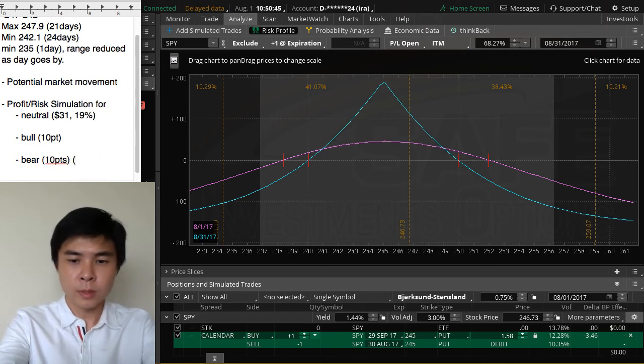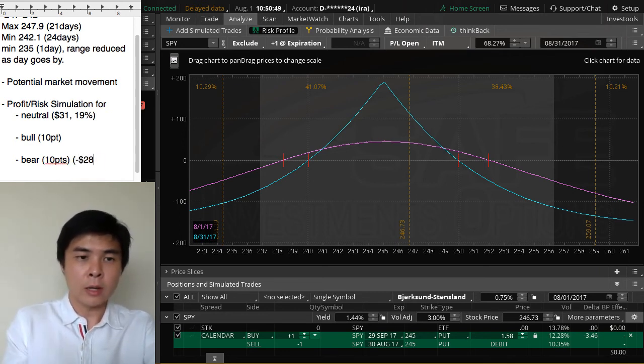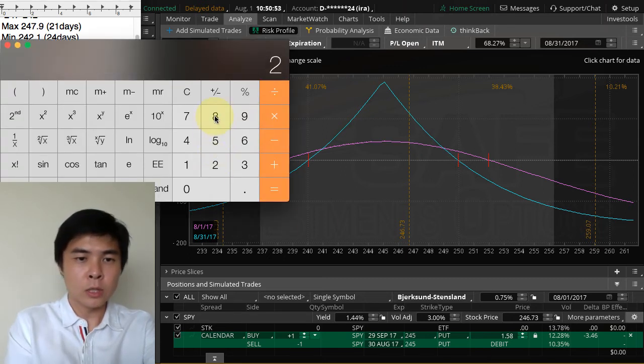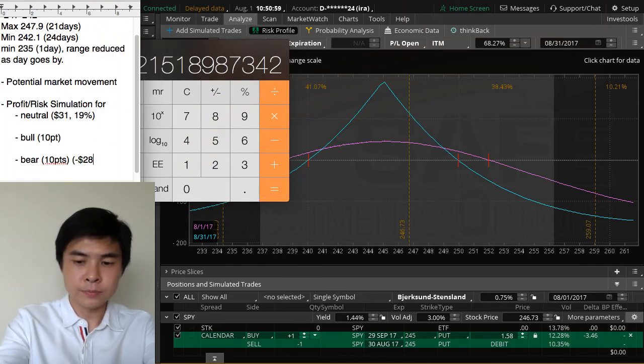And how many percent is that? Let us calculate: 28 divided by 158. That is approximately a 17% loss. So minus 17%.